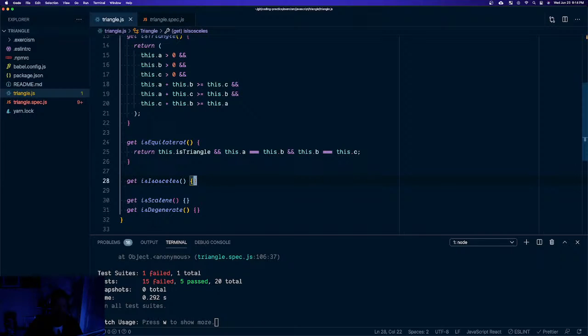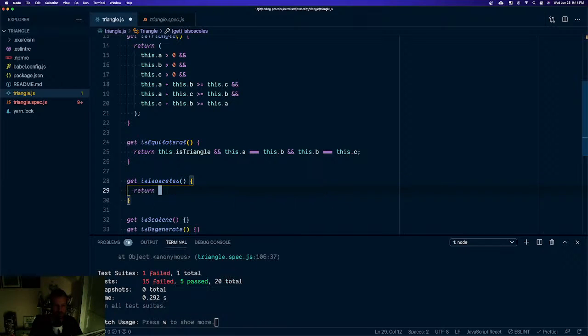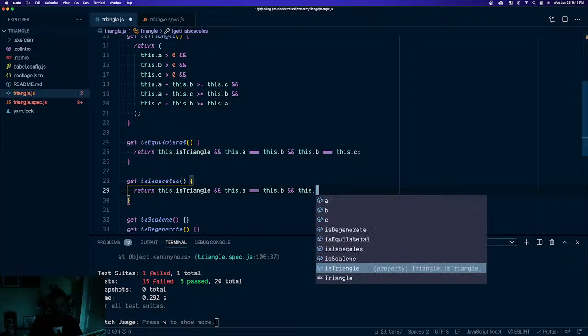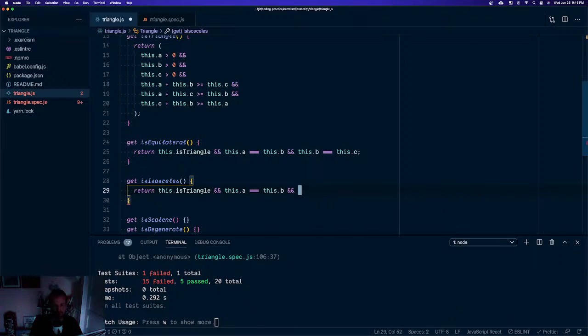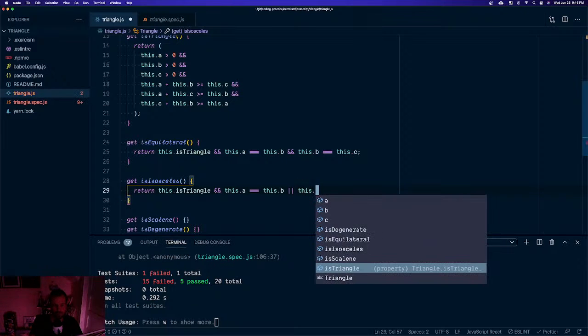Isosceles would be, this is where 2 of them, at least 2 of them.